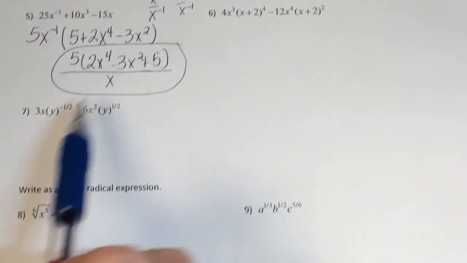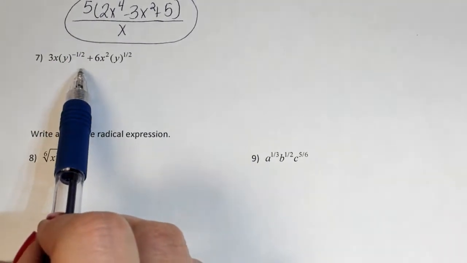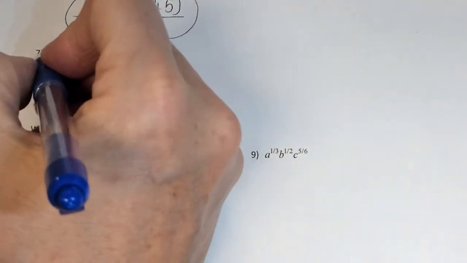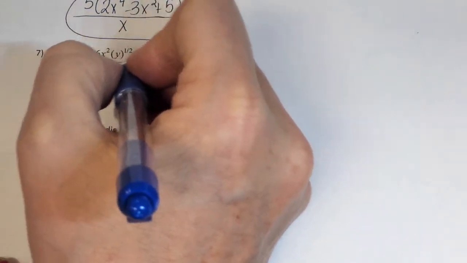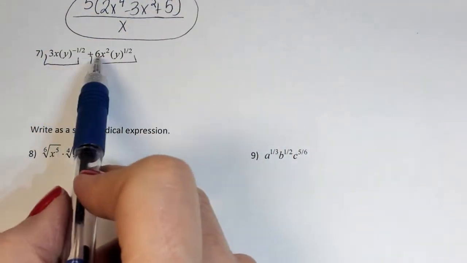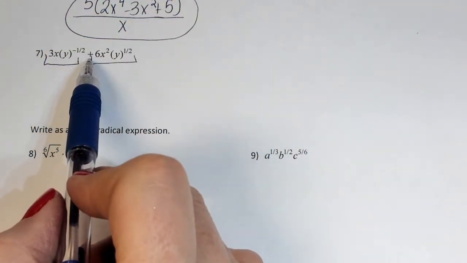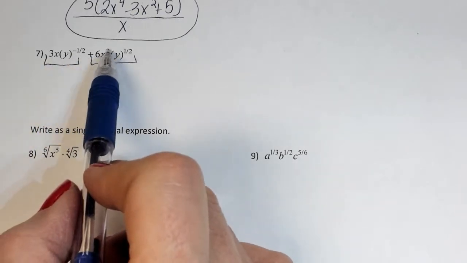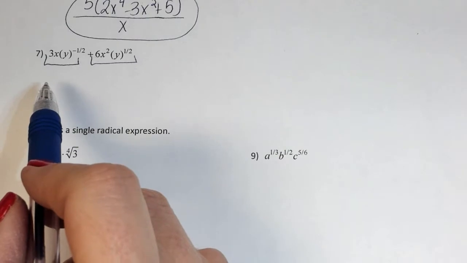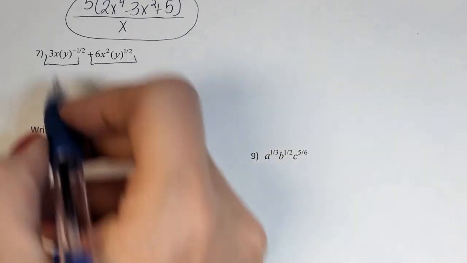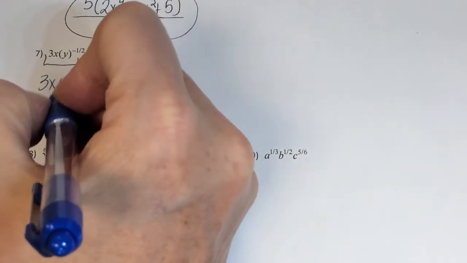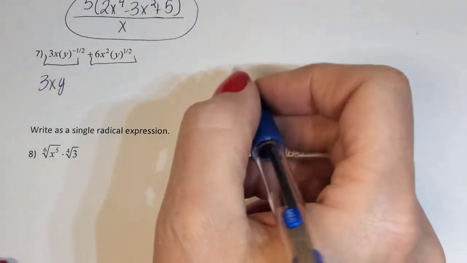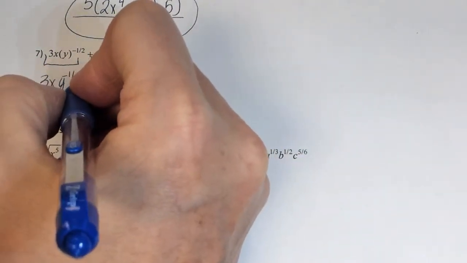Instead of doing this one, we're going to do this one first. All right, so look at this term and this term. Terms are separated by pluses and minuses. What can I take out as far as 3x and 6x squared? What can I take out? 3x. And then y was my lowest exponent. All right.